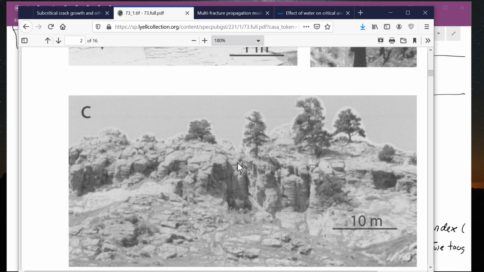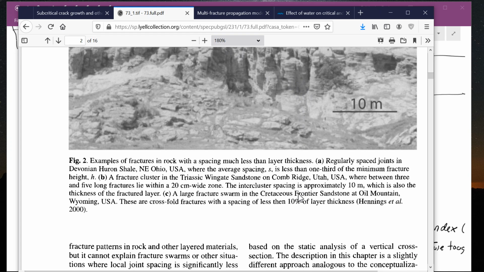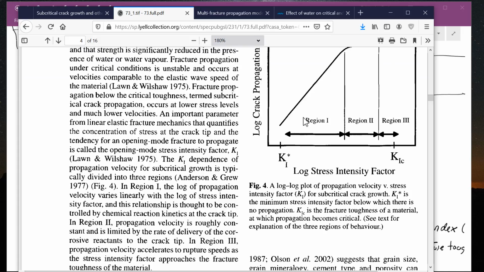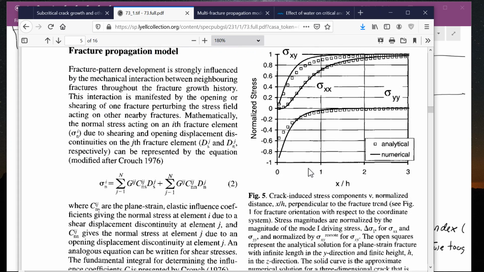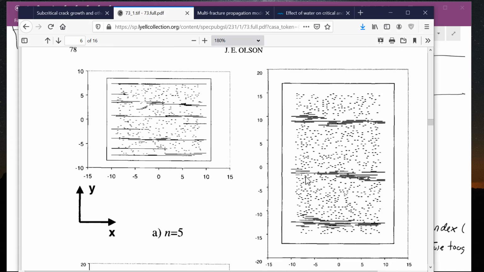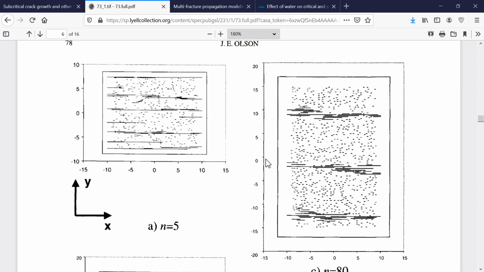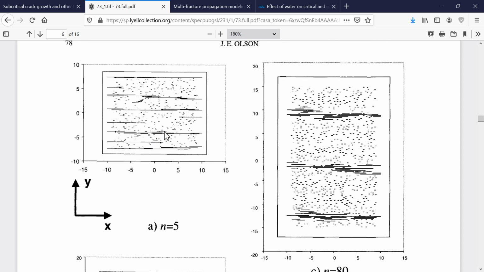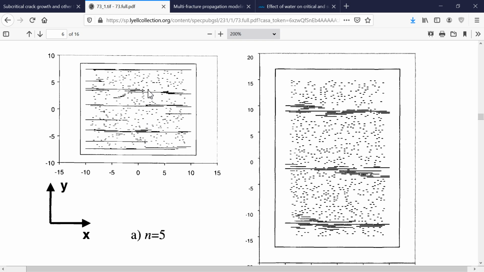And here we see one more picture with fracture sets. And in this paper, what Professor Olson does is to run simulations with this plot we have just seen, and the equation we have just seen also, run simulations with different subcritical indices like n equal to 5, n equal to 20, and n equal to 80 in order to explain what would be the expected fracture patterns of these places where, what you can see, these small dashes, those are rock defects, and when this rock mass is subjected to stresses, then the fractures start to propagate.